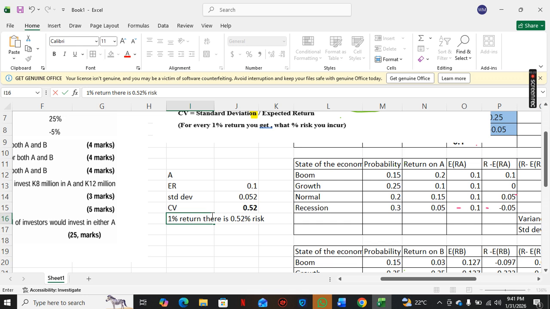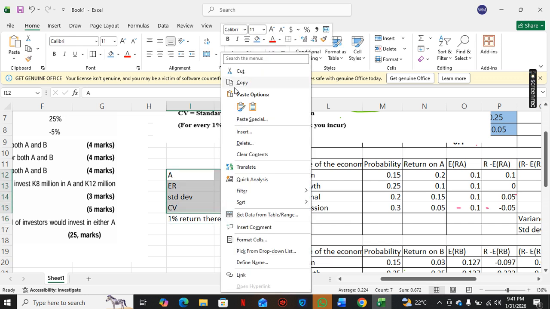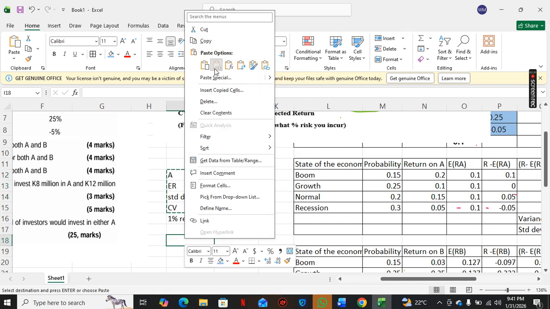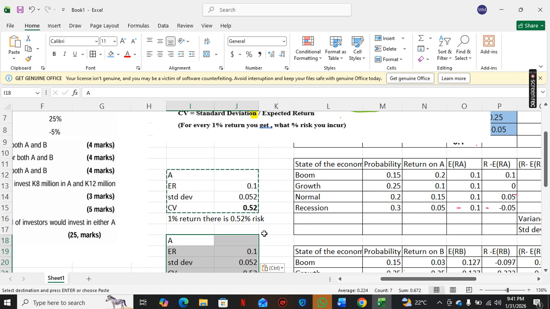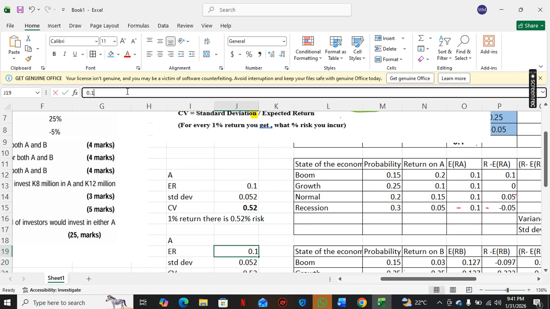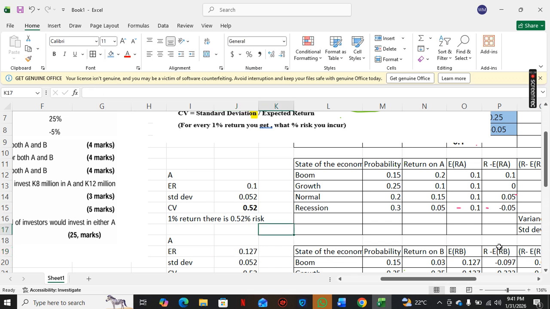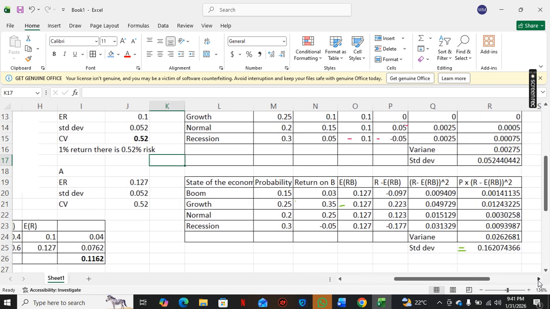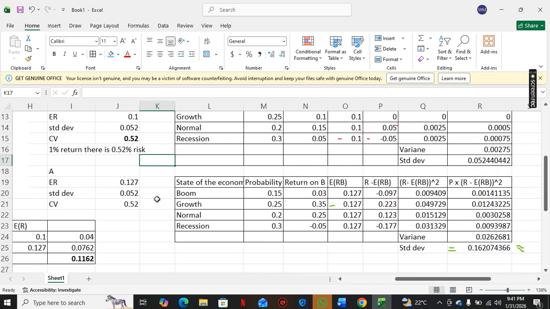We go to investment B. The expected return for investment B is 0.127, 12.7%. The standard deviation, which is the risk, 0.162.